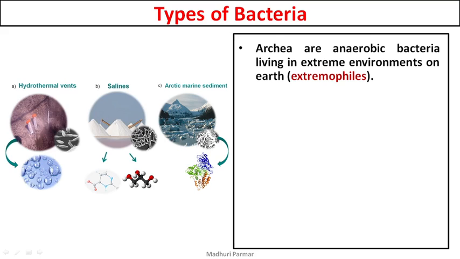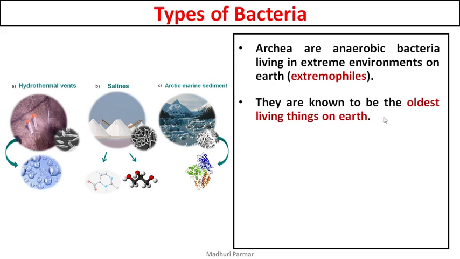Even in this cold climate, you will see archaebacteria. So they are extremophiles. They love extreme environments. Because they are extremophiles, scientists believe they are the oldest living things on Earth. These were the first bacteria to have developed, because early Earth was this kind of environment. It had a lot of hydrothermal vents and a lot of salinity. Fine.